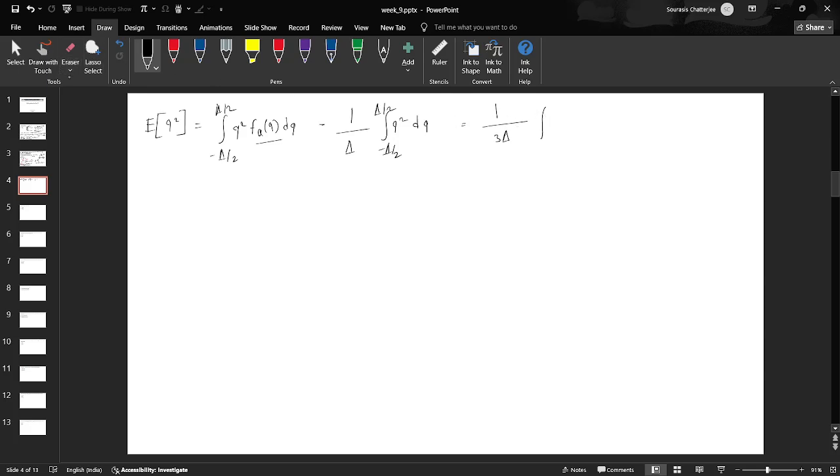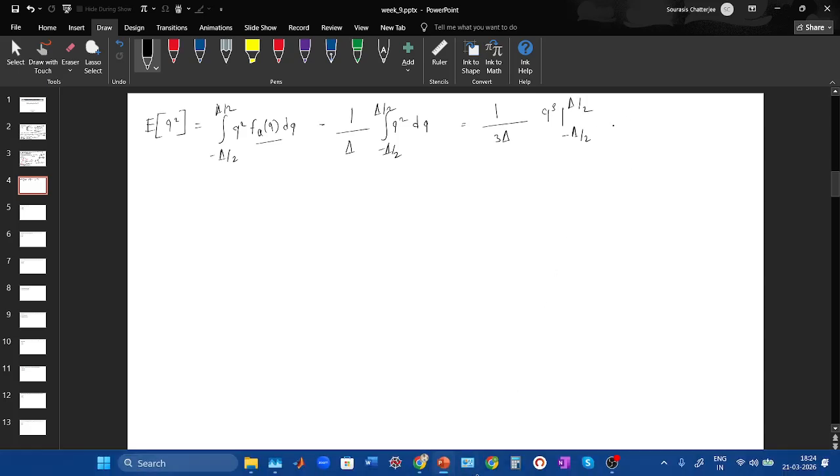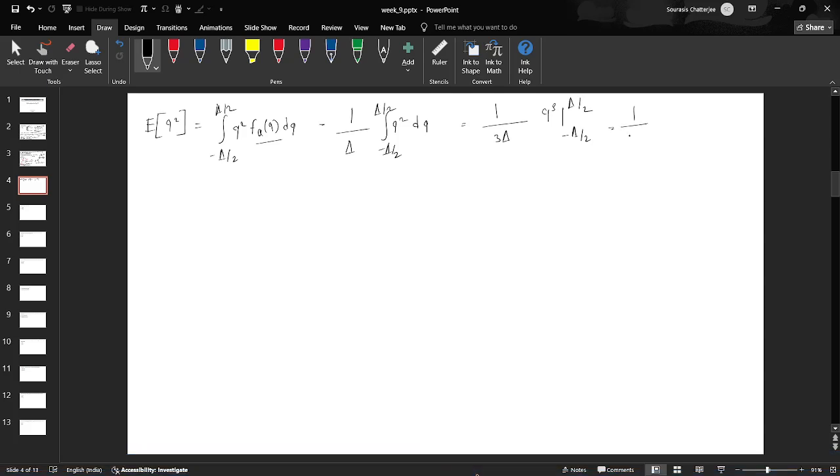So we just take the 3 part outside. Inside all it remains is evaluating q cube at these two limits. We obtain those values as 1 over 3 delta, q cube, that is delta over 2 whole cube minus minus delta over 2 whole cube.